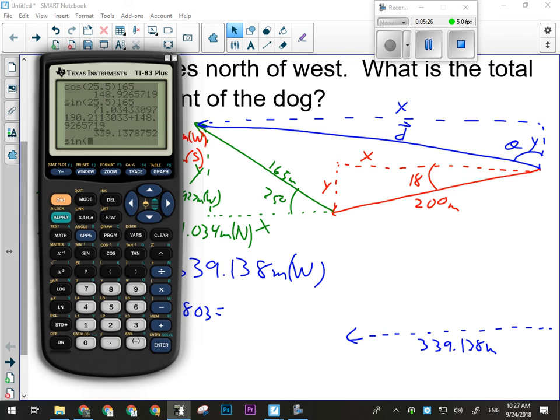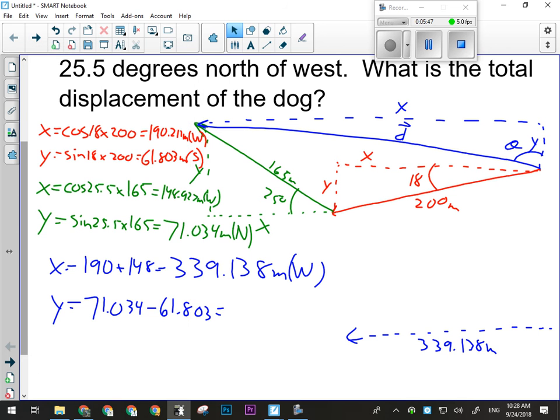Okay, so I'm getting 9.23. I did it backwards, but that's fine. 9.231 meters. And that's going to be north.